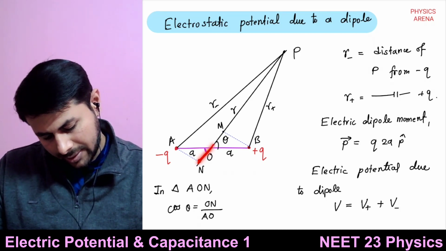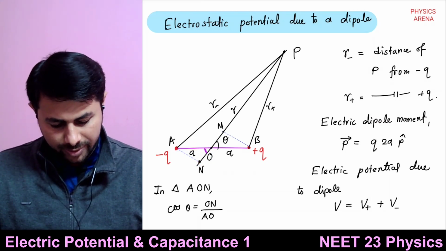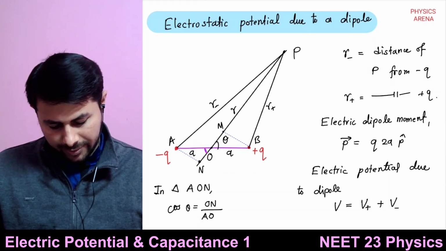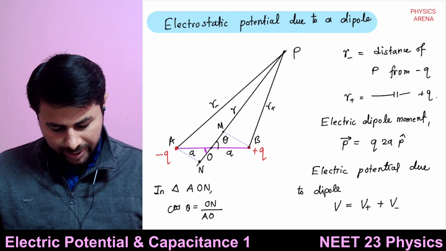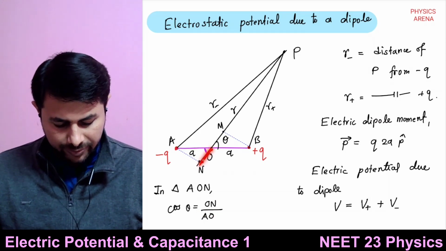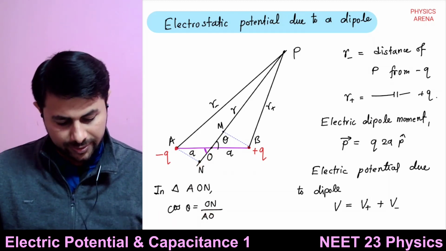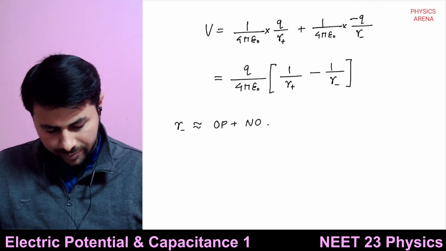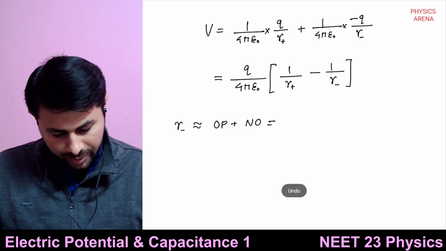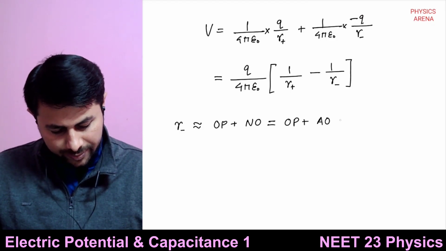Adjacent side divided by hypotenuse. Therefore ON is equal to AO multiplied by cos theta. So this is equal to distance OP plus AO cos theta.